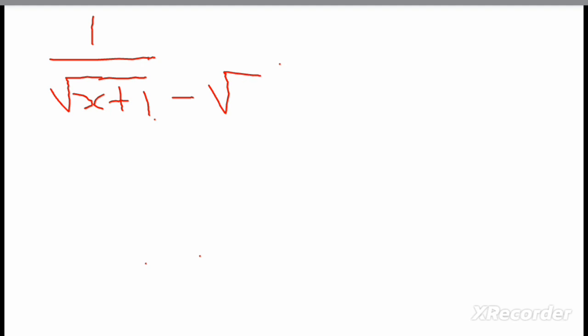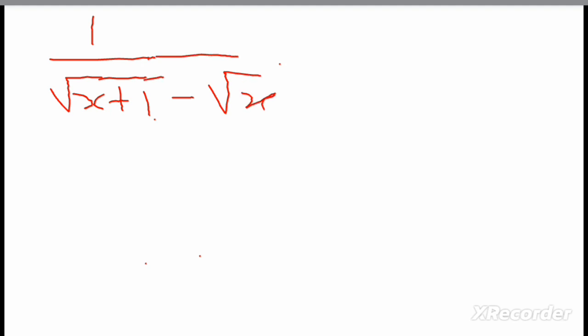So here is a little example. Okay, you have got 1 over the square root of x plus 1 minus the square root of x.